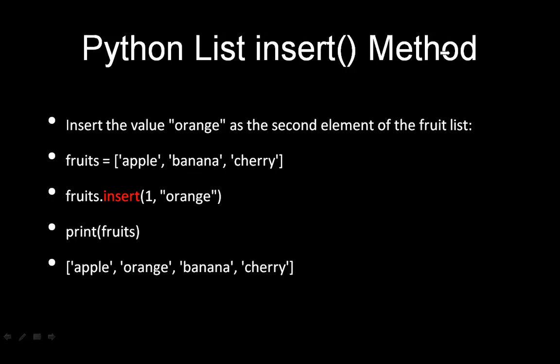What is the change that you will get? You can clearly notice in this example that the banana is there, and it is going to be replaced in that index number by the orange with the help of the insert method.